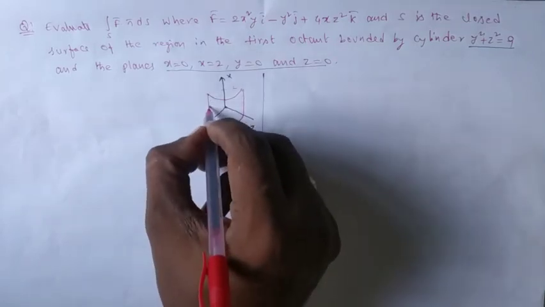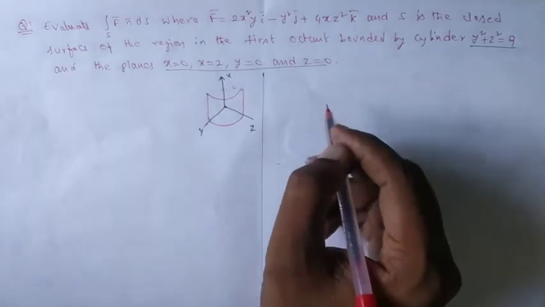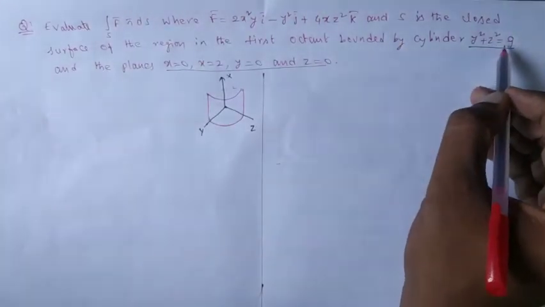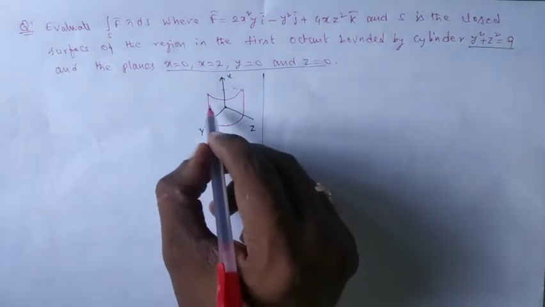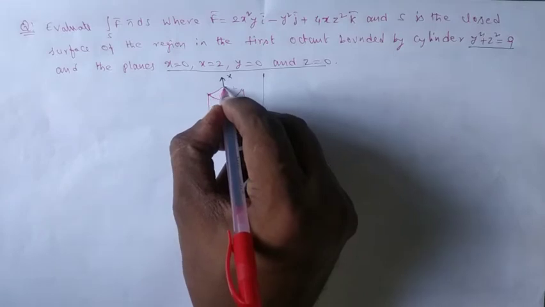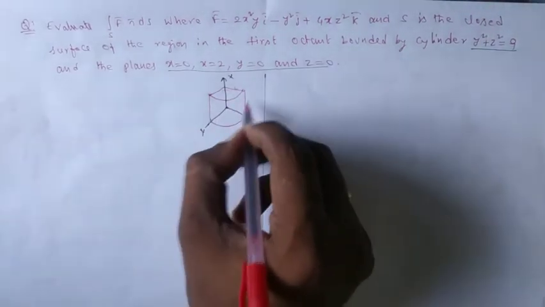Not only that, it is actually a closed surface bounded by the surface y squared plus z squared equal to 9 and the coordinate planes, so that it is like this. Clear? So this is our complete surface.